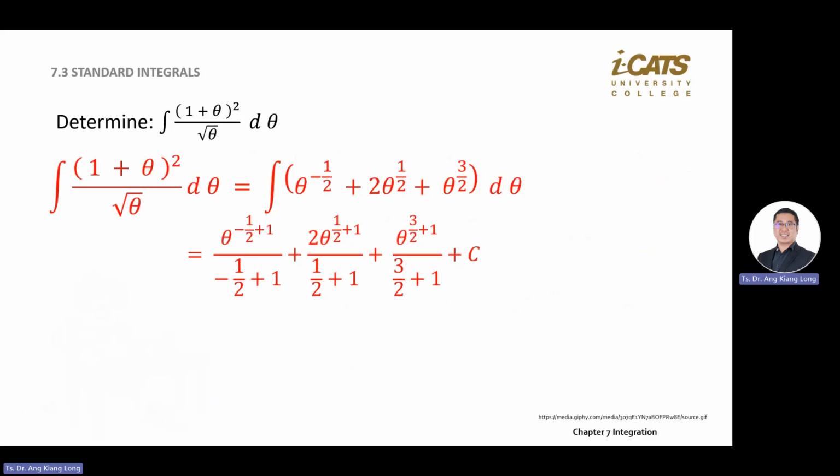So 2 you pull to the front. Your X is theta, your N is half. So half plus 1 divided by N plus 1. For the third term, your A is 1, theta is your X, your N is 3/2, plus 1. Copy the N plus 1.